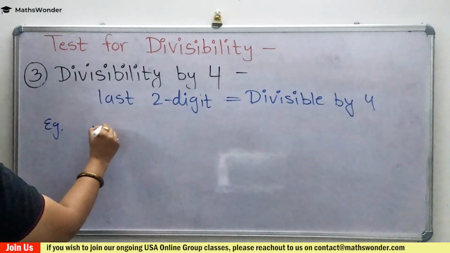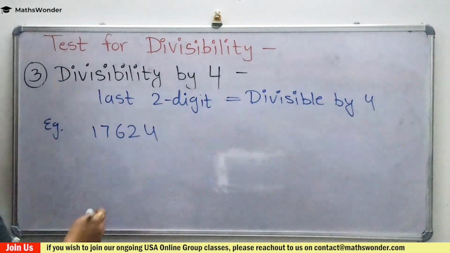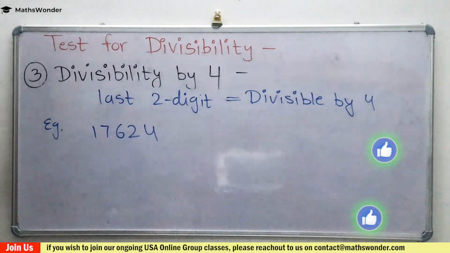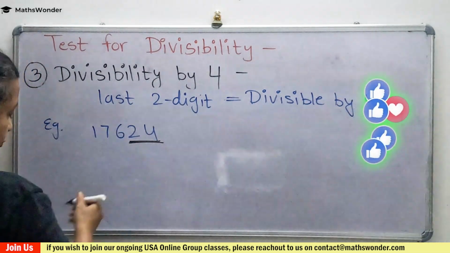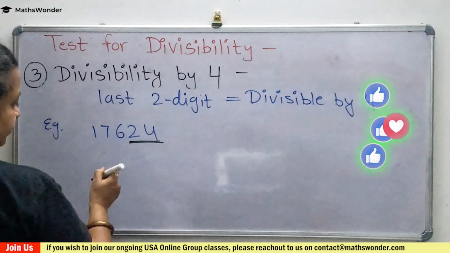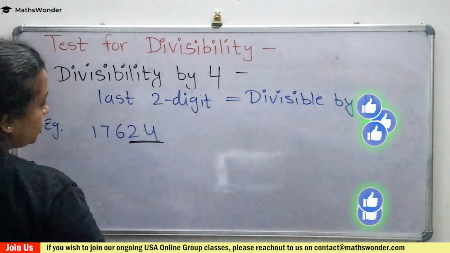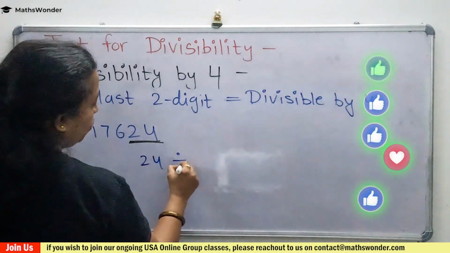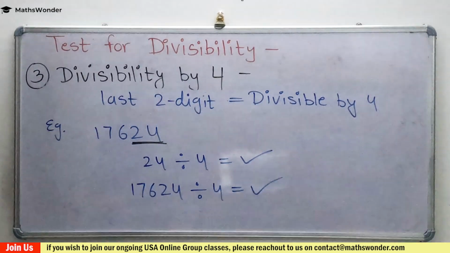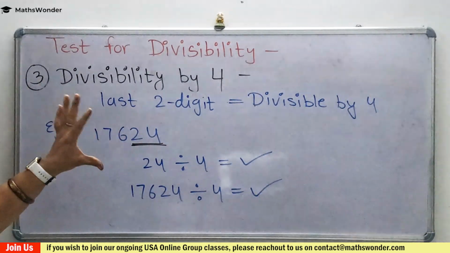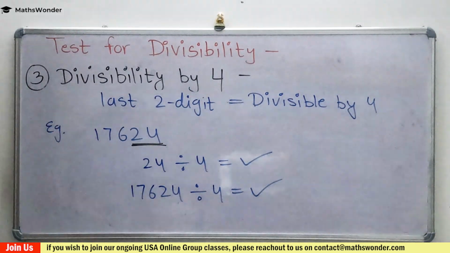For example, 17624. This is the number. Now check the last two digits. Is 24 divisible by 4? Yes. So 24 is divisible by 4. Understood? So the last two digits are divisible by 4, that means the whole number is divisible by 4.